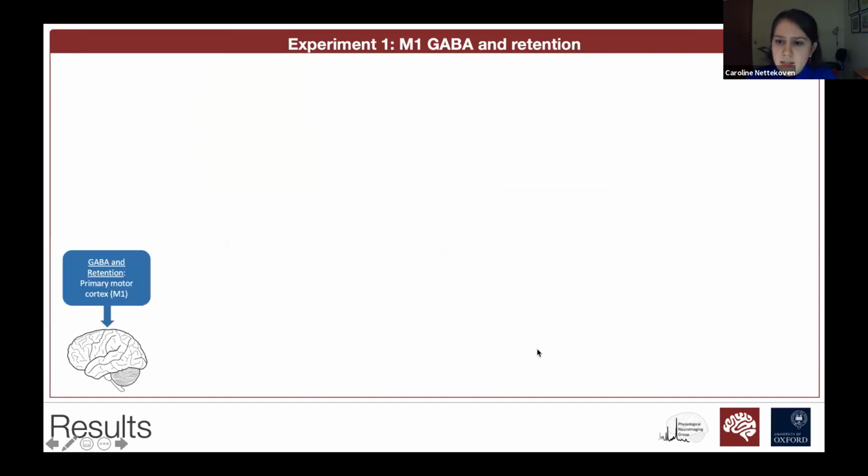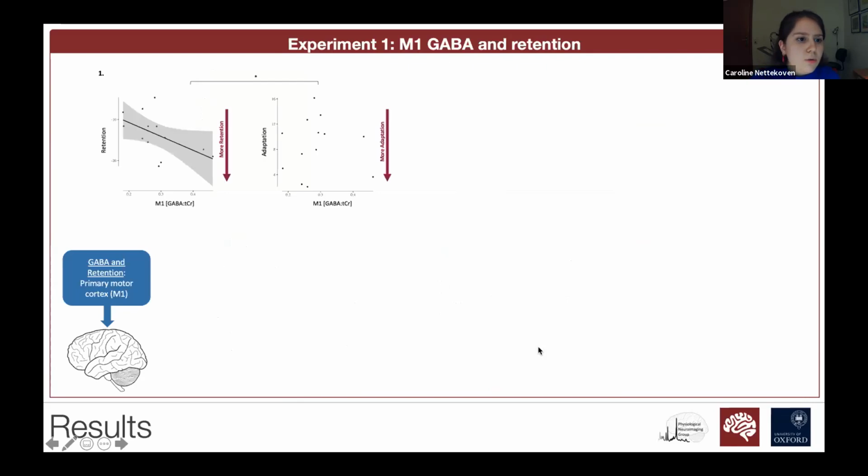So next, we tested our specific hypothesis regarding early M1 GABA and retention of the adaptive movement. What we find is that M1 GABA measured at baseline correlates with retention, but not with adaptation. So the higher your M1 GABA concentration at baseline, the more you retain of the adapted state later after adaptation.